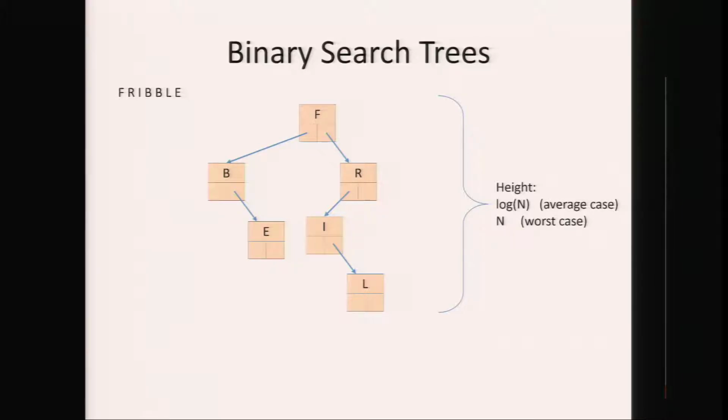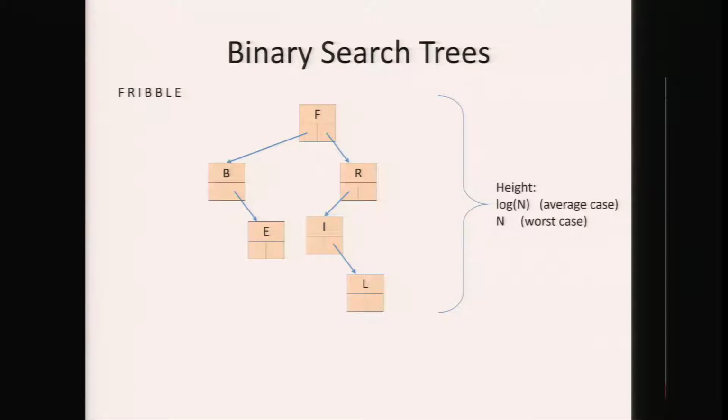But if you insert everything into the tree in sorted order, it ran really slow. And that's because the tree became very unbalanced. So we want balanced binary search trees. And as you recall, in the previous day's lecture, I showed the basic way you balance a tree.